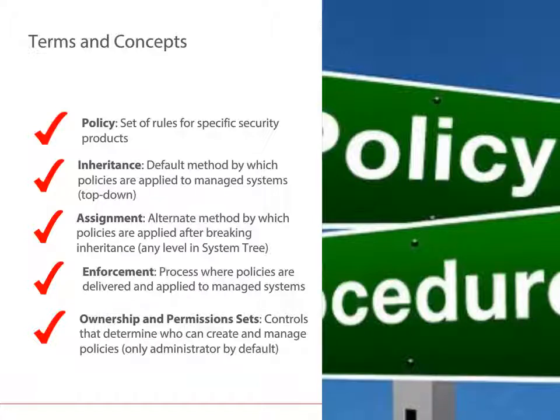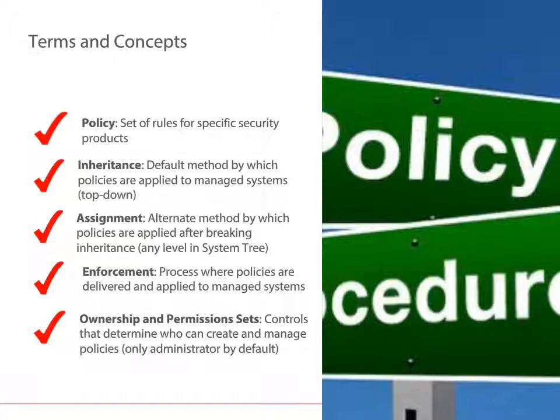Enforcement is how the policies get enforced. The McAfee agent will download the policies, and according to the McAfee agent policy, it has how often it enforces those settings. So if somebody was able to make changes to those settings, the McAfee agent will enforce back the policy settings that it got from EPO.